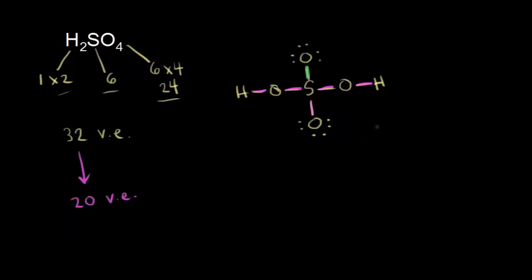Right? So we also have these other oxygens over here to worry about. Let me use green again. Let's say this oxygen over here on the left, the one bonded to this hydrogen, here's 2 electrons, and here's another 2 for 4. So for that oxygen to have an octet, it needs 4 more. That means we're going to put 2 lone pairs of electrons on this oxygen, and then we're going to do the same thing for this oxygen as well.